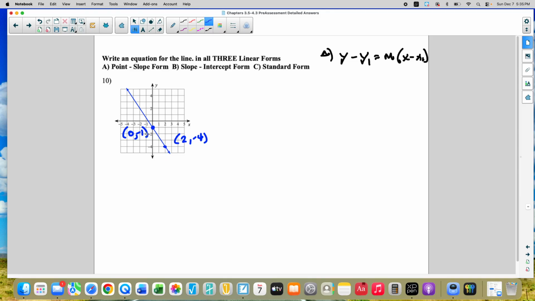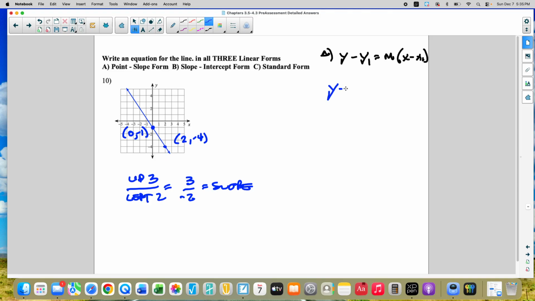All right, so we're going to fill in for y sub 1 and x sub 1 and my slope. So let's calculate the slope. Slope is up 1, 2, 3, up 3, and then left 2. So that gives me 3 over -2. So that's my slope. So I'm going to pick a point. Let's pick 2, -4.